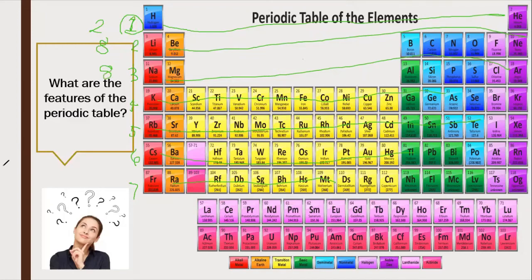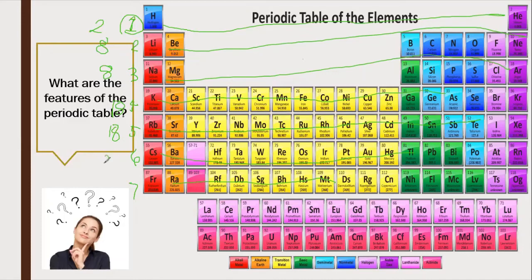Okay, how about in period 4? 18. Okay, we have 18. How about in period number 5? 18 din. Very good. How about period number 6? 32.